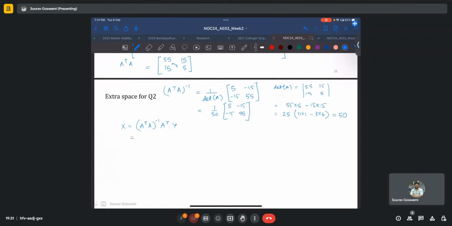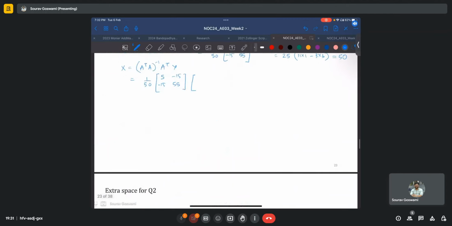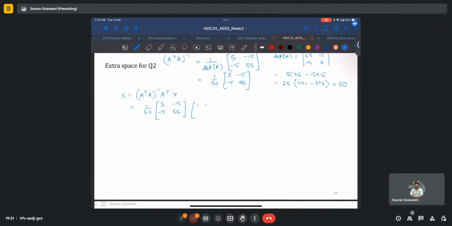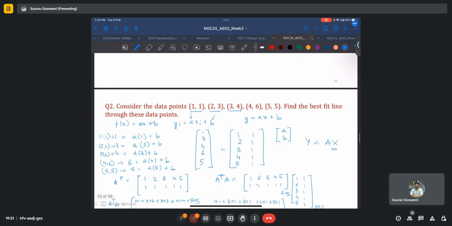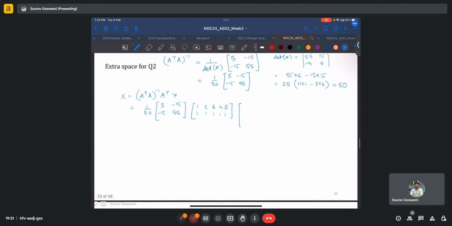So for X, I'll just multiply all these at the same time. A transpose is again 1, 2, 3, 4, 5, and 1, 1, 1, 1, 1. And the Y matrix is 1, 3, 4, 6, 5.